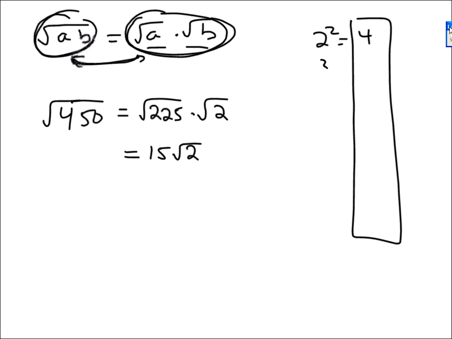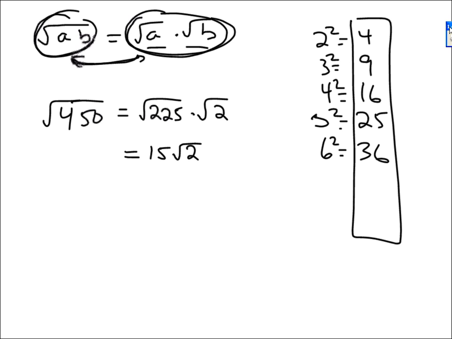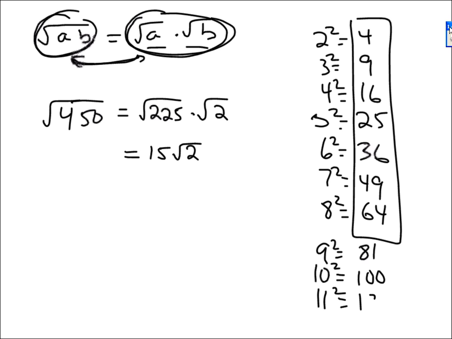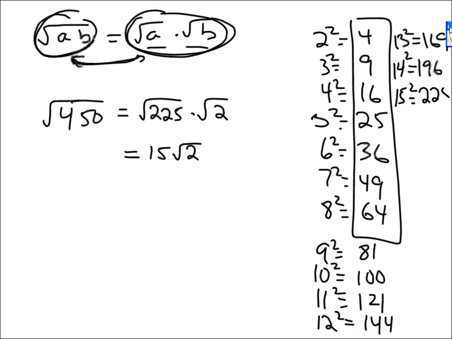2 squared is 4, 3 squared is 9, 4 squared is 16. And I meant to say you need to be able to generate the numbers on this list. Nine squared is 81, 10 squared is 100, 11 squared is 121, 12 squared is 144, 13 squared is 169, 14 squared is 196, and 15 squared is 225.